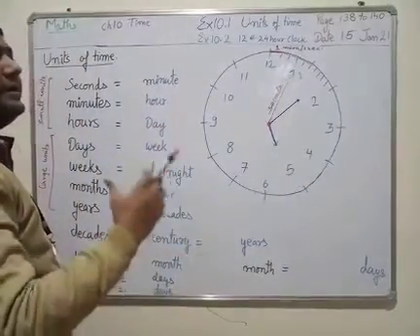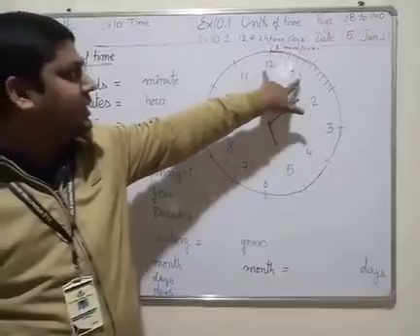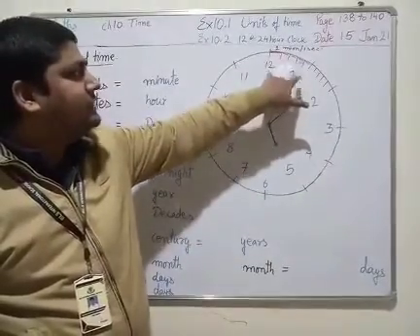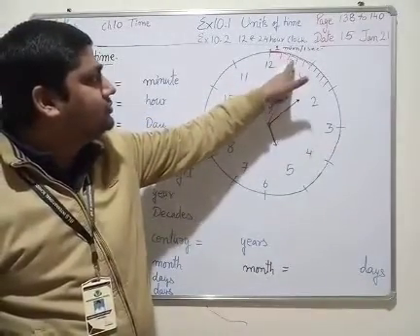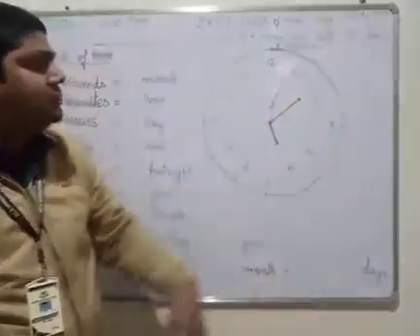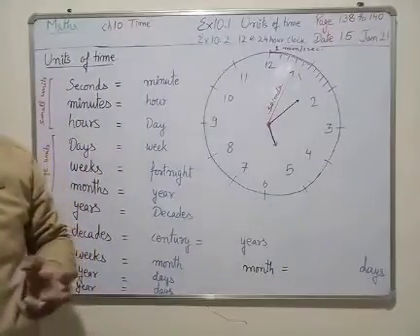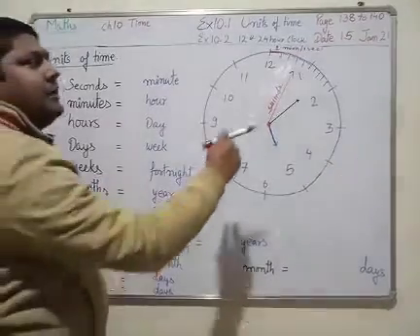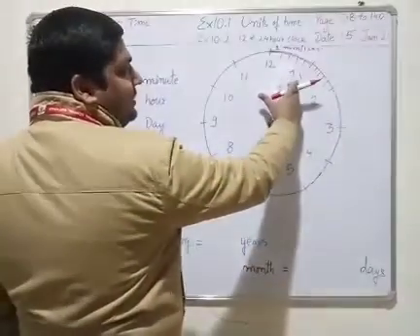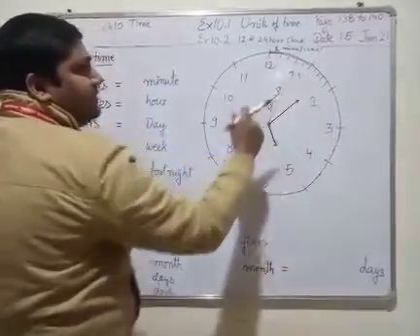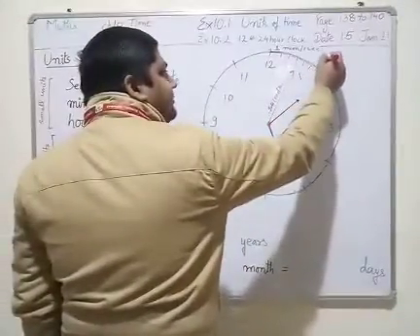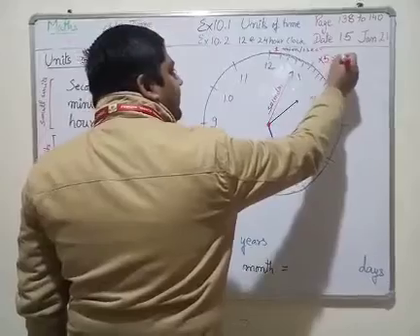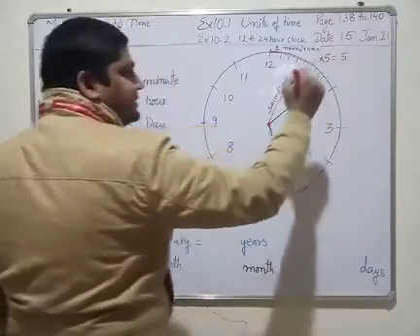So how many minutes do we have in one bigger division? 1, 2, 3, 4 and 5. So if we know the table of 5, we can easily know how many minutes there are if the minute hand is at 1. We will multiply by 5 and find 5 minutes or 5 seconds.